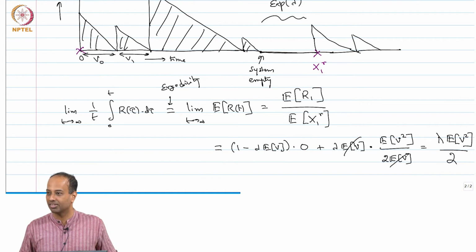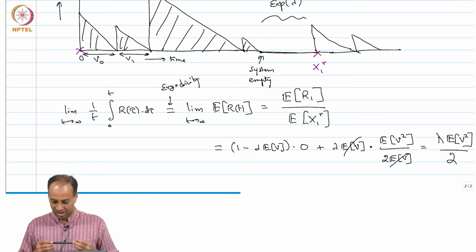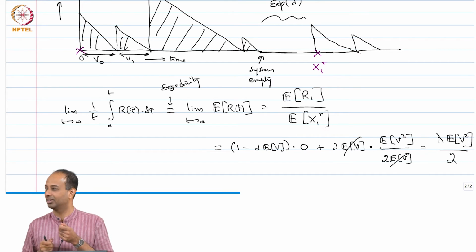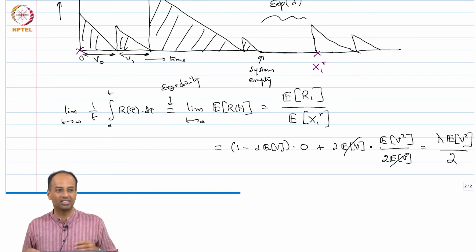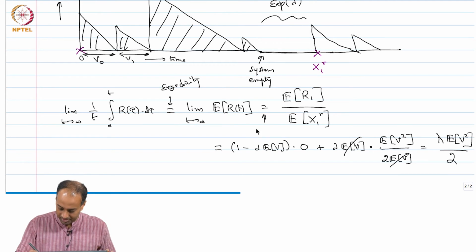Clear. I am making heavy use of the PASTA property here, because the expected residual time seen by an incoming arrival, I am equating it to the time average residual time, which I am again saying is equal to the ensemble average residual time. This is by renewal reward.